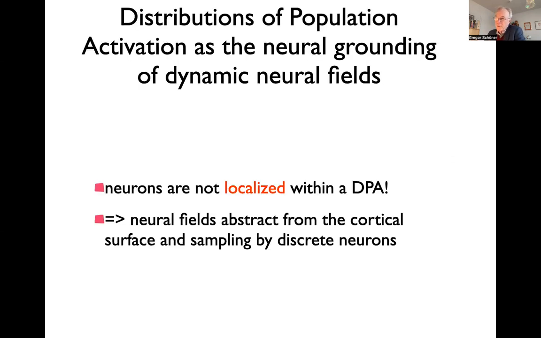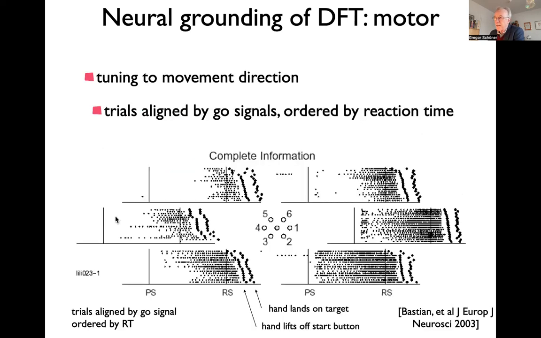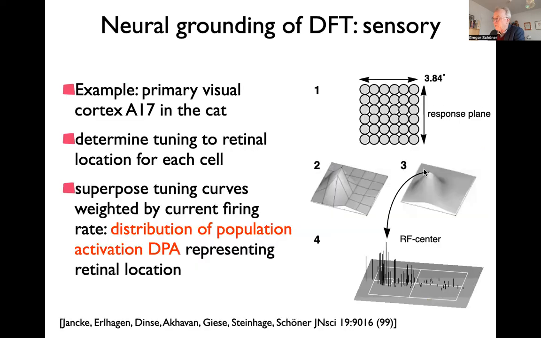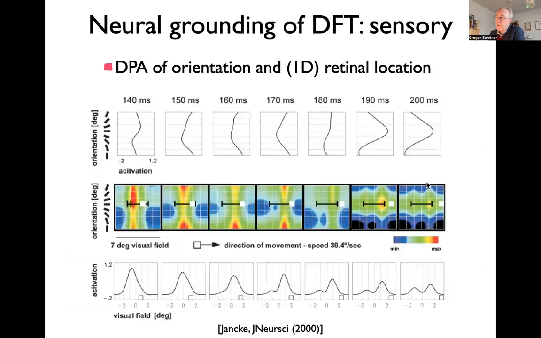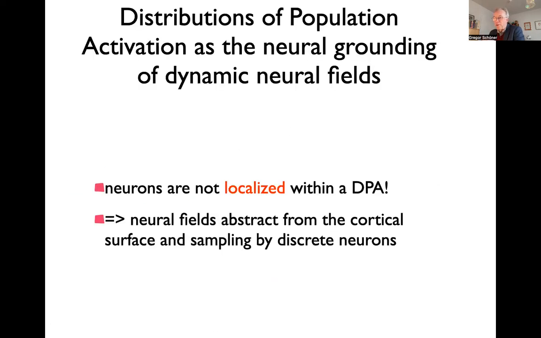One important aspect that I was actually driving at here is that in these pictures, the location in the field or in the DPA is not a neuron. The neurons are spread out over the field, right? By construction, each neuron contributes its entire tuning curve, and previously it was its entire receptive field that it was contributing, and therefore the neuron is smeared out over the field.